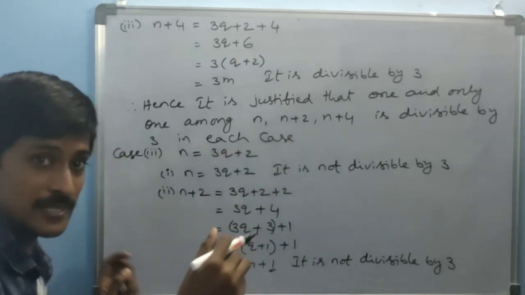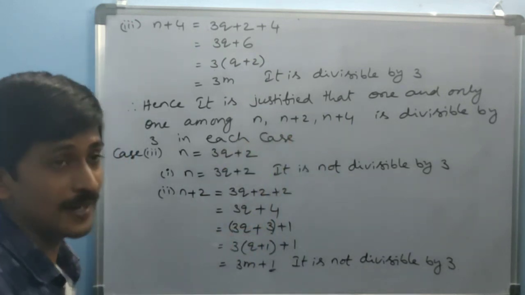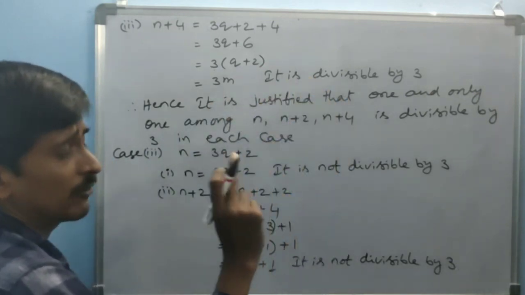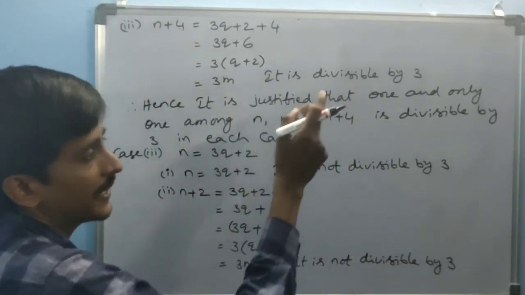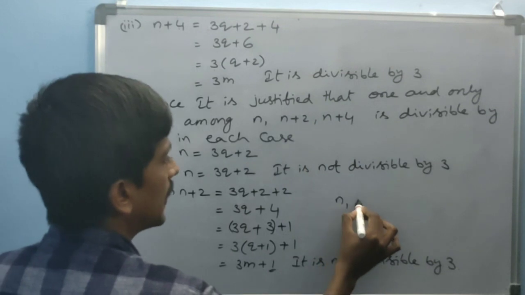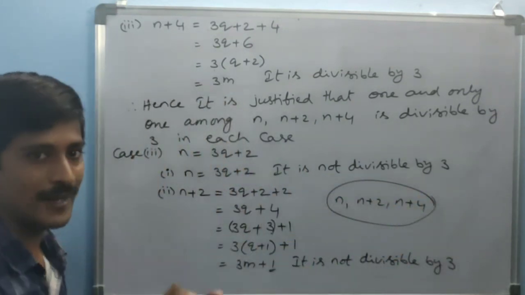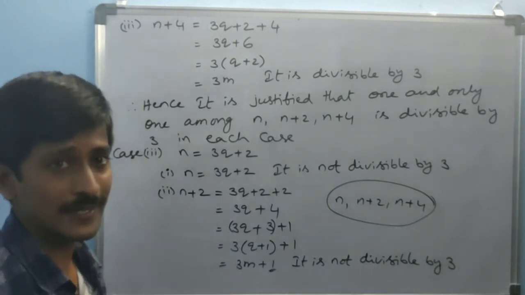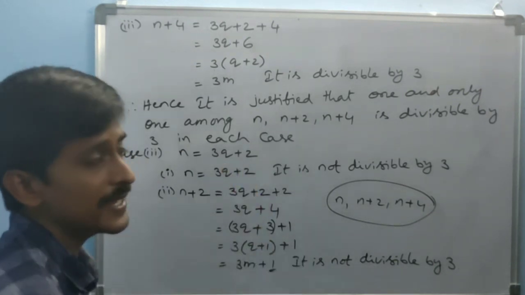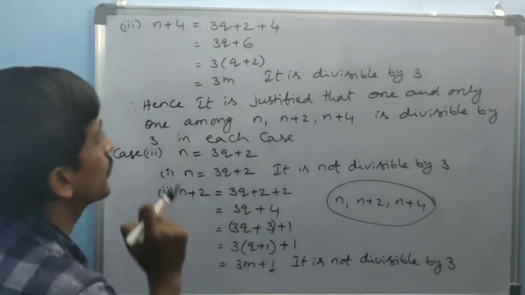In the three cases, one and only one is divisible by 3, that is among n, n plus 2, n plus 4. That is our proof.